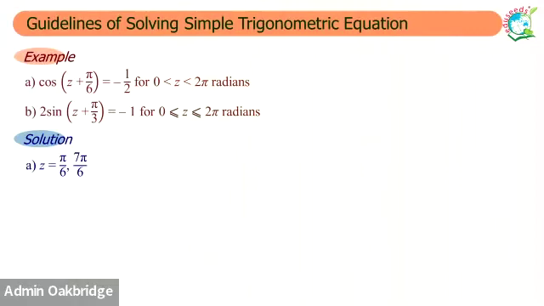Let me check. Cos of pi over 2 plus pi over 6. All right, this would be correct. The answer in the slide got a mistake there. So half pi and 7 pi over 6 is correct. Now we go to the second question.